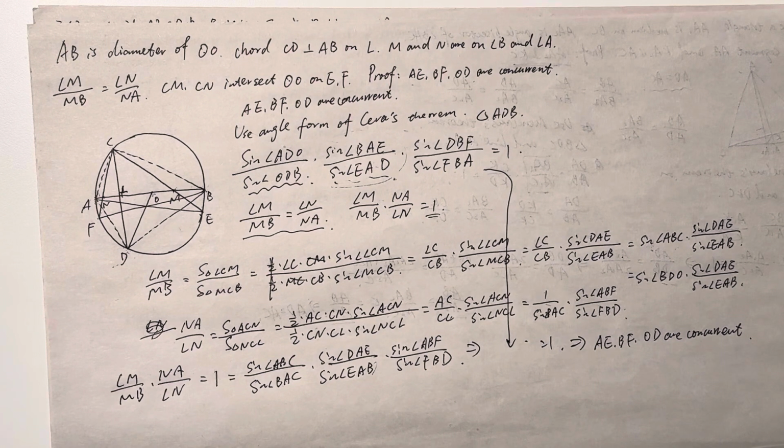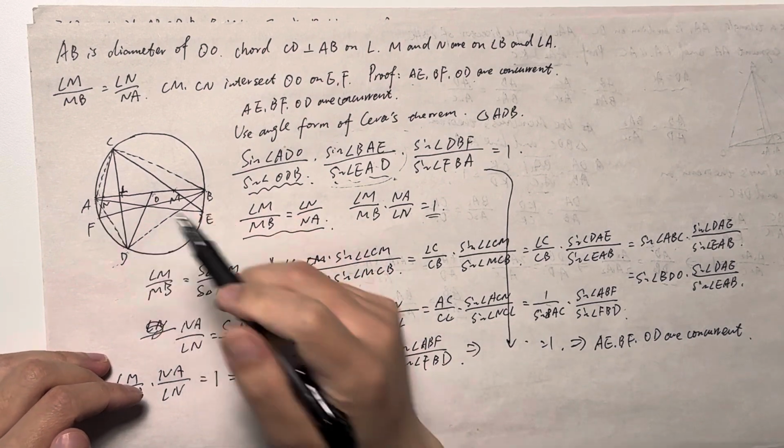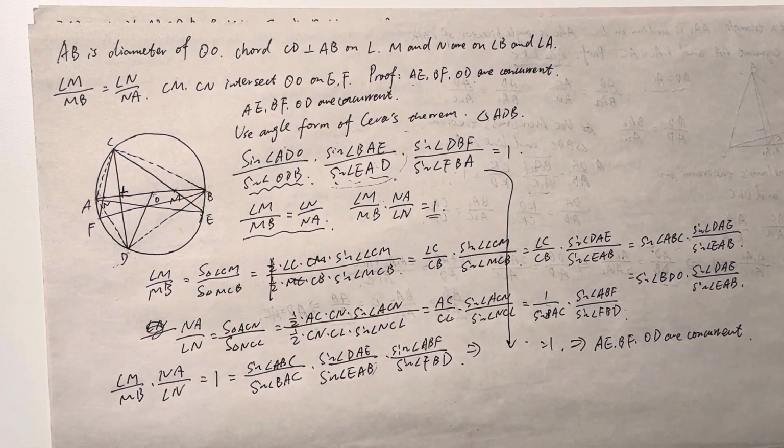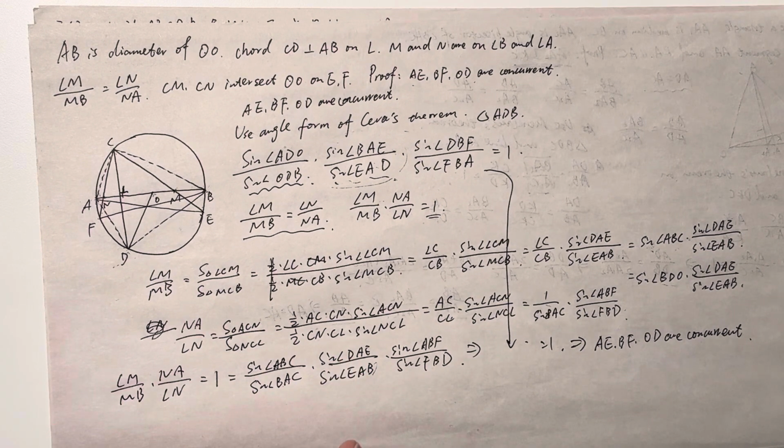But the linear form is very difficult to use because no condition tells us about the relation of this segment ratio. We have no information on that. Also, because it's in a circle, there are lots of angle equalities, so we can try to transfer some segment ratio to another form.